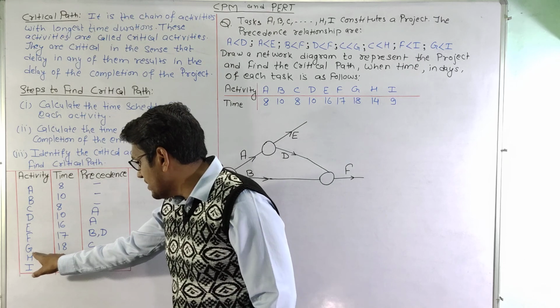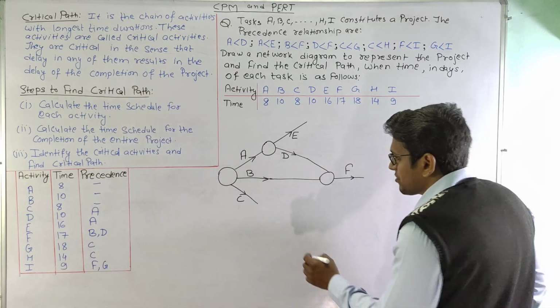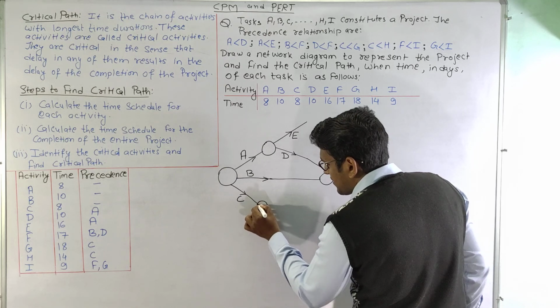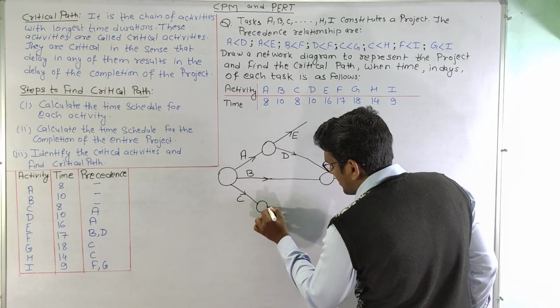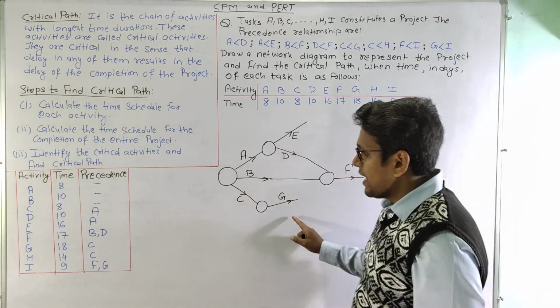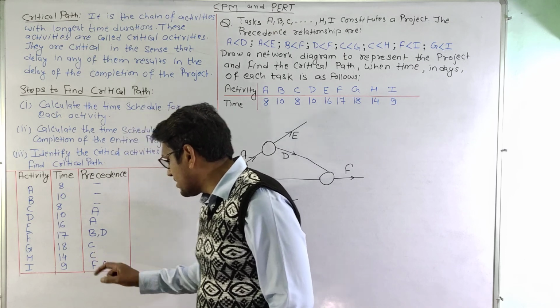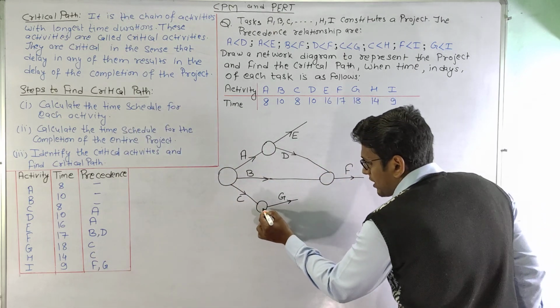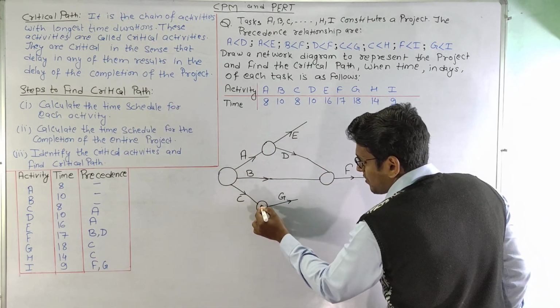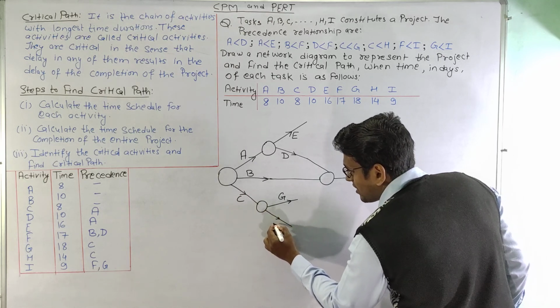Now activity G is preceded by activity C. So we will end activity C here, and this is activity G. And similarly activity H is also preceded by activity C only. So at this node activity C only is completed, so this is activity H.